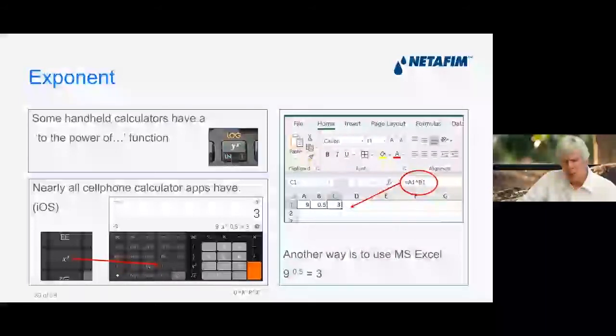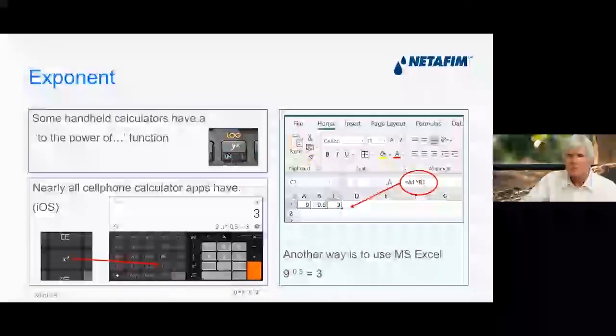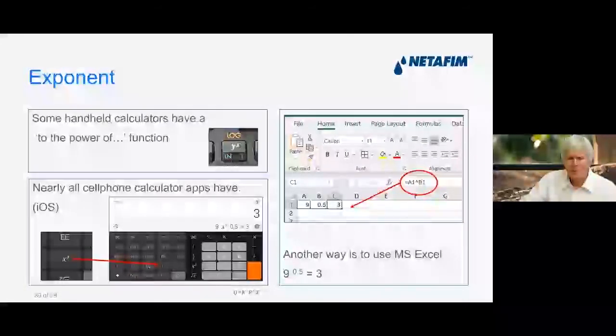That's on an iPhone. And then if there's something in between, you can use a computer, and on Excel, you can just put in that formula that I've got encircled there, A1, which is that cell, using that pointy arrow to the power of B1. So that's how you can calculate to the power of using Excel.